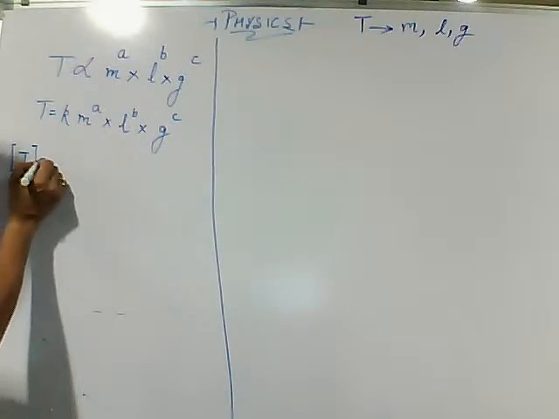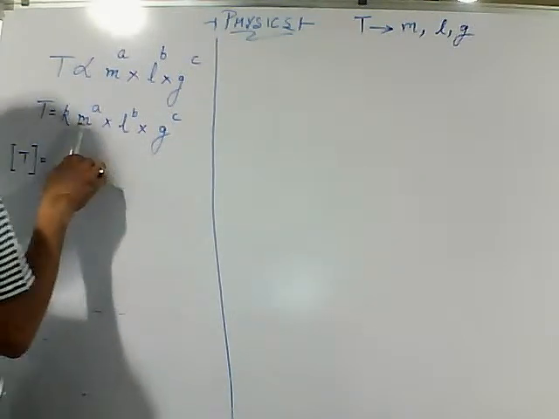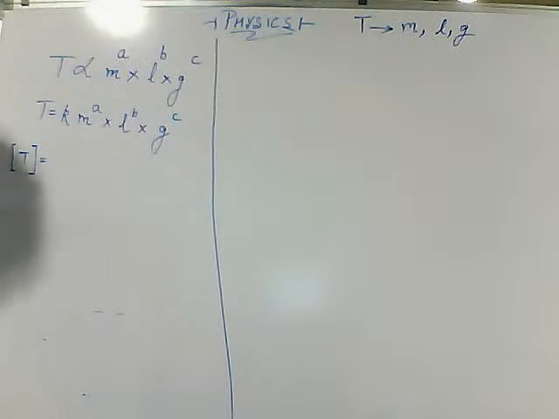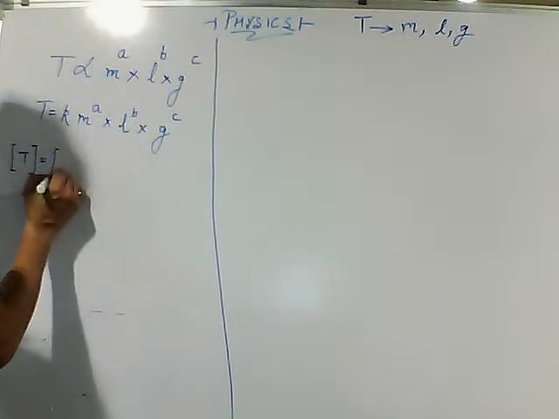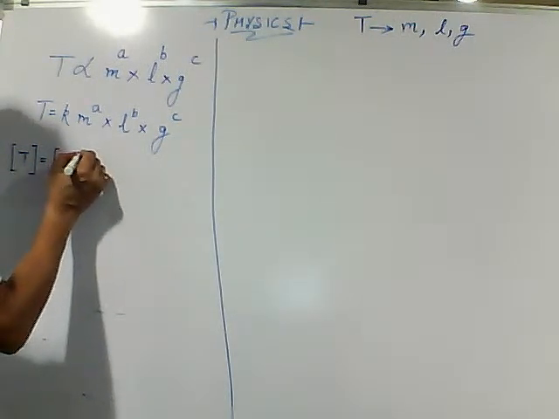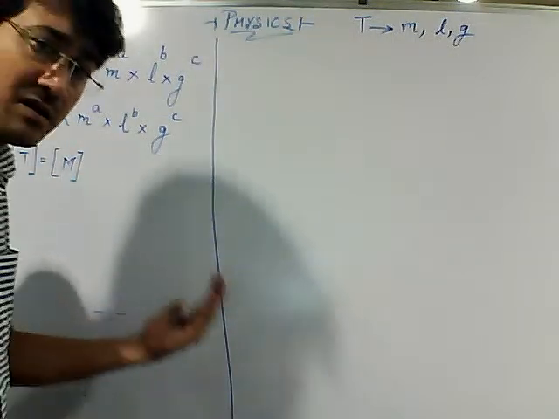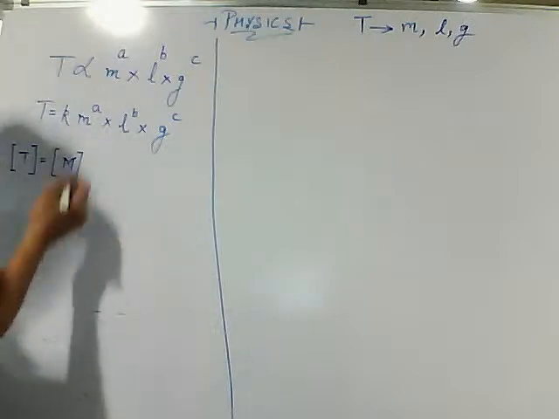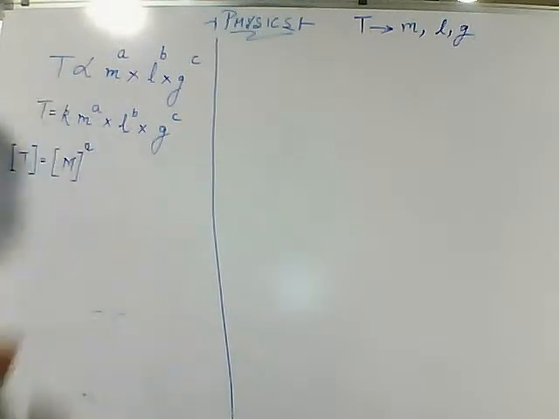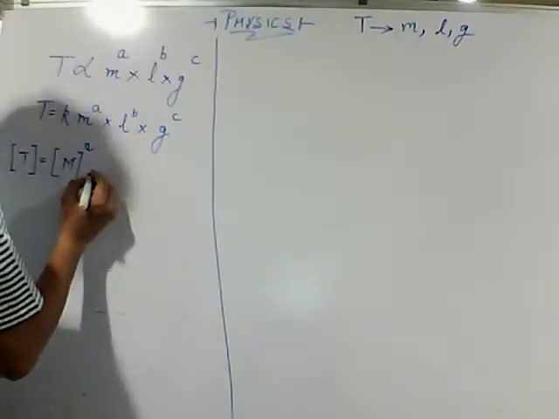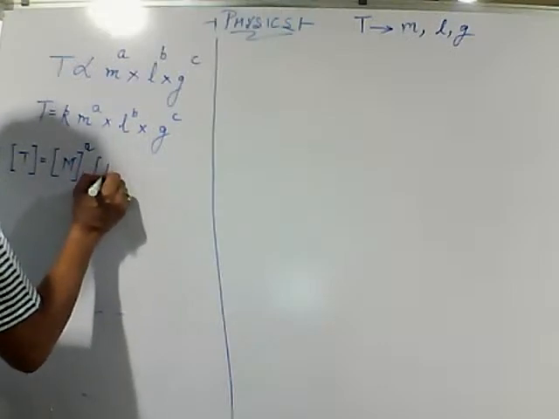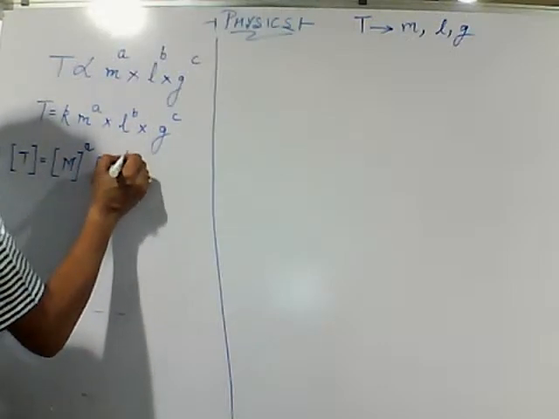Perfect. Now, for dimensions, M is the mass, so it would be M power a. I don't need to take k now. Why don't I need to take k? k is a constant, it would be a number. It won't have any dimensions or units. So M power a. L is the length, so I have L power b.